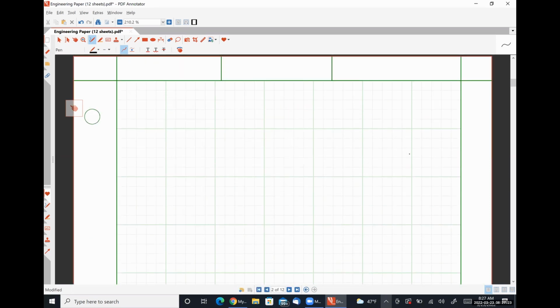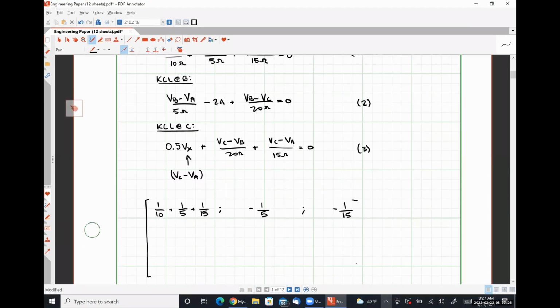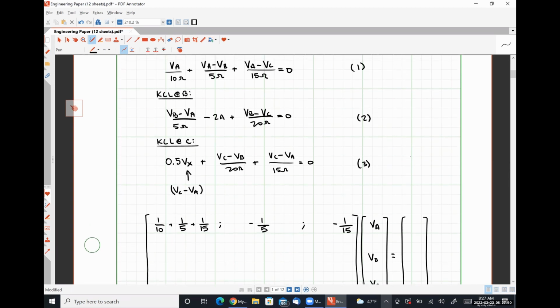And this coefficient matrix is being multiplied by our variable array, VA, VB, and VC, to give us constant terms, which in this case is simply going to be here for that first equation. If we look at our second equation, our coefficient for VA is negative 1/5.